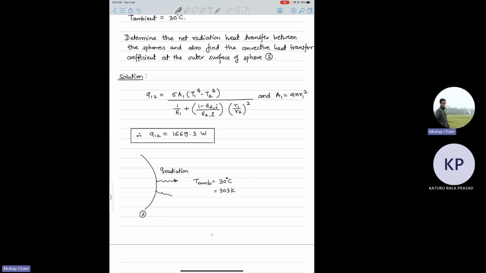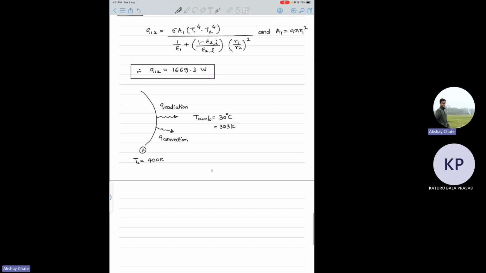And then there is heat transfer due to convection also, because there is a significant temperature difference between the outer sphere, which is at T2, 400 Kelvin. So now in this case, you have to consider both.